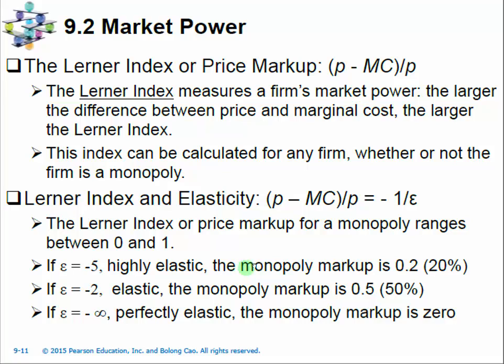That's 1 over 2, basically a half, 50%. Let the demand be perfectly elastic. The epsilon is -infinity. Then the monopoly markup will be 0 because it's 1 divided by an extremely large number.